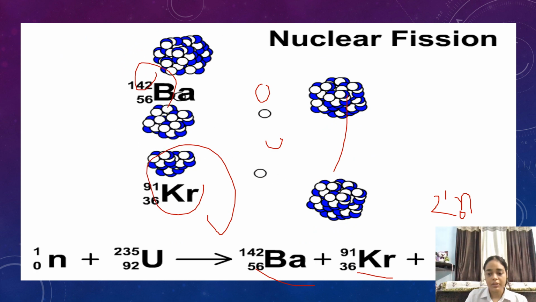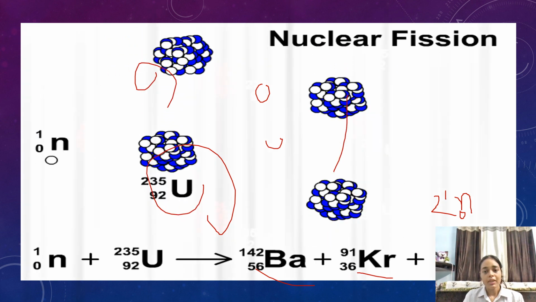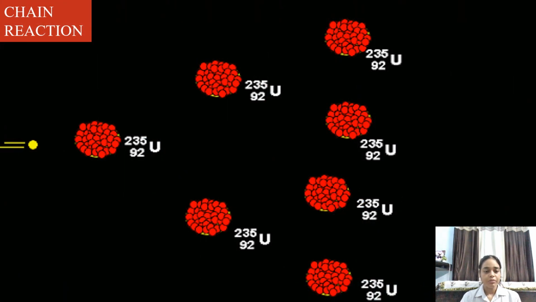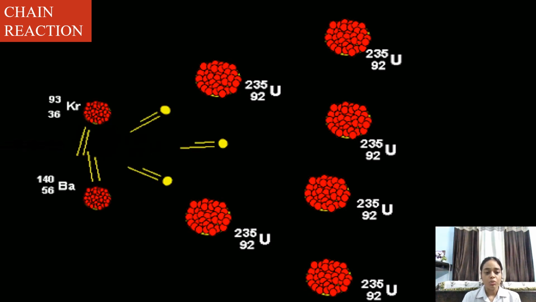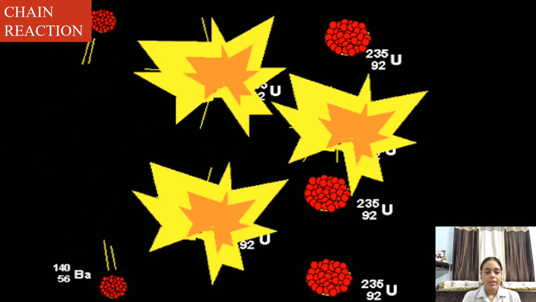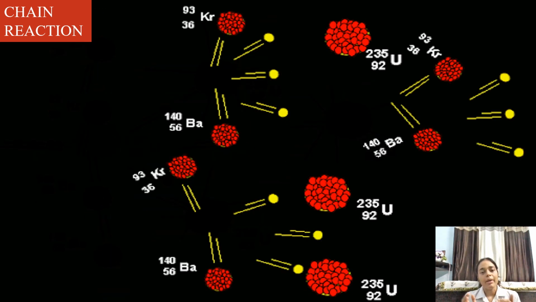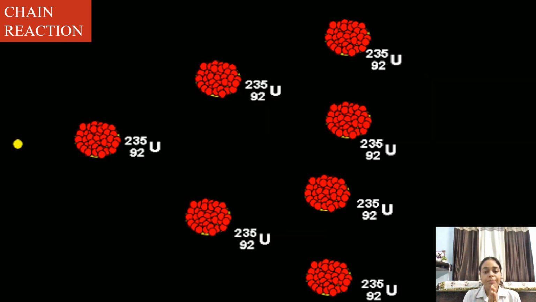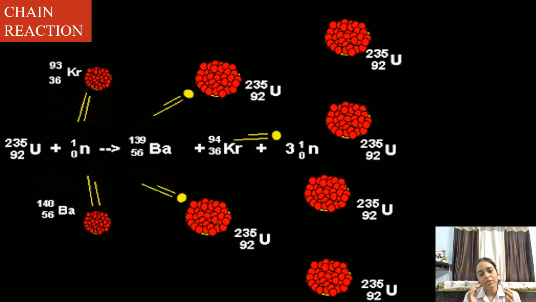So we have seen that nuclear fission is a chain reaction, and it goes on and on by itself, and that leads to large scale destruction, over years and years, on upcoming generations and generations.